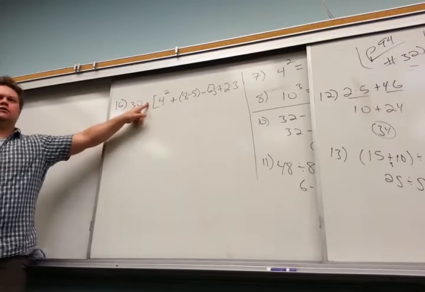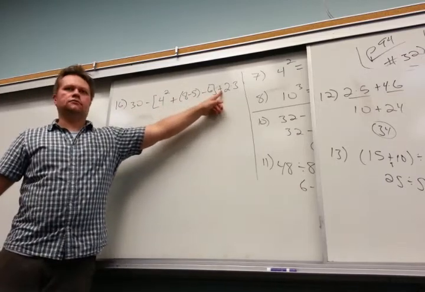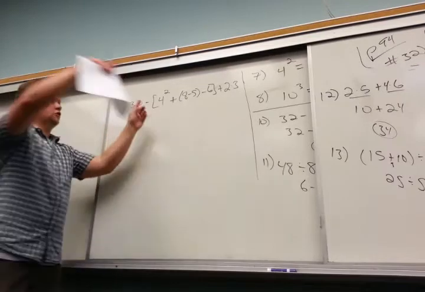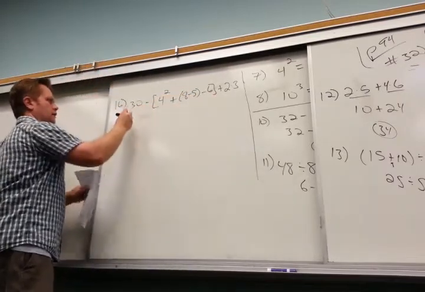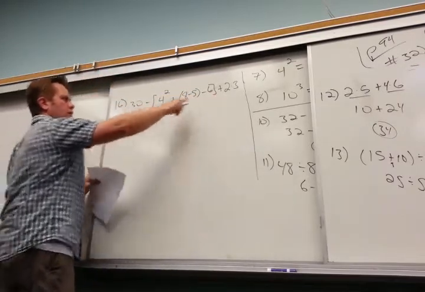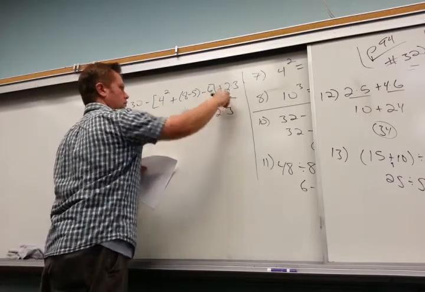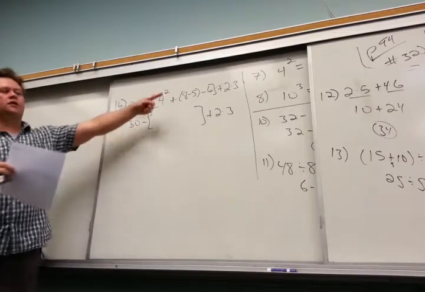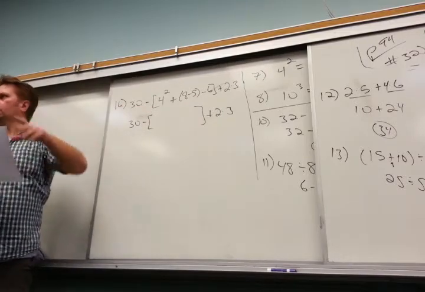Yeah, that subtraction outside and that addition. I like it. What am I definitely going to attack first? Beautiful. So inside here. So this 30 minus is still here. This plus 2 times 3 is still there. I'm rewriting stuff in here. What do I do first in there? 8 minus 5.